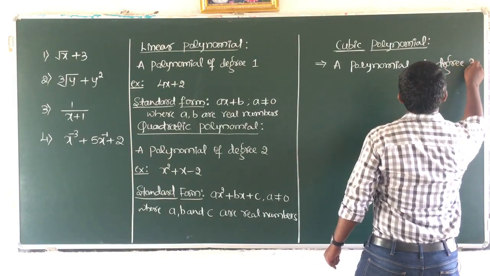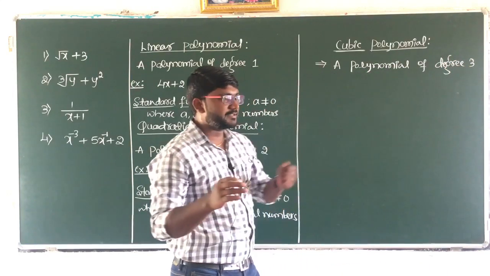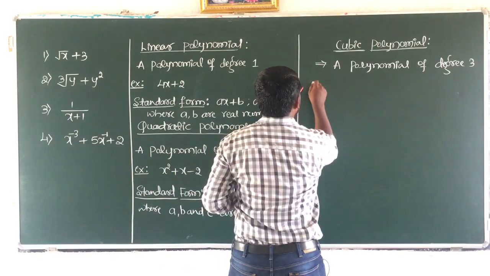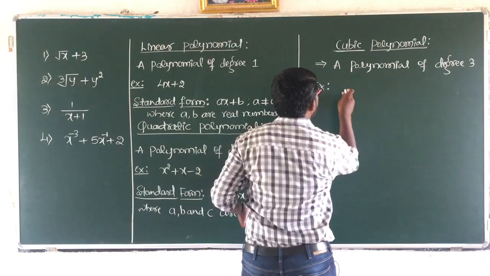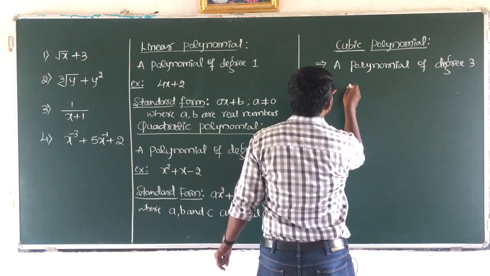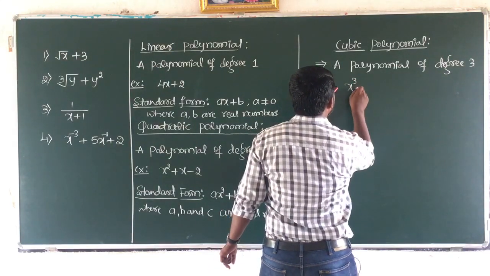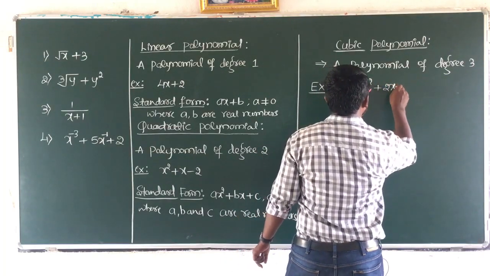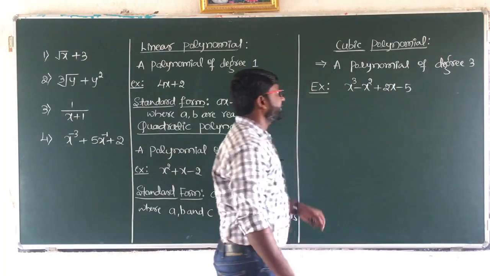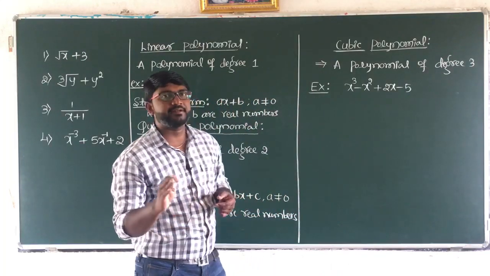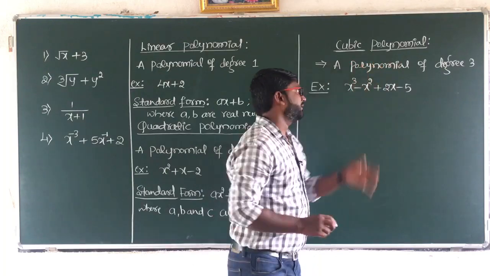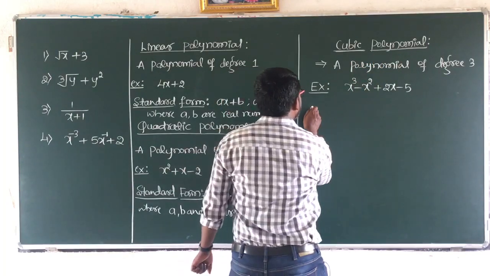A polynomial of degree 3 is called a cubic polynomial. The example of the cubic polynomial is x cube minus x square plus 2x minus 5. So this is the example of a cubic polynomial, and then we'll write the standard form.